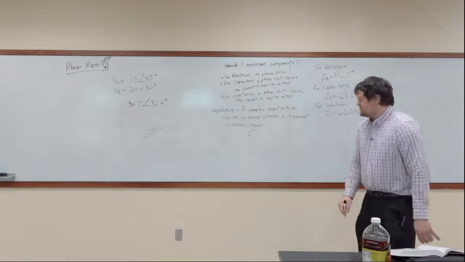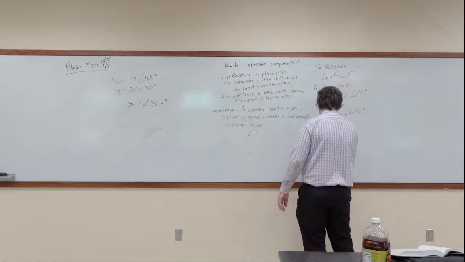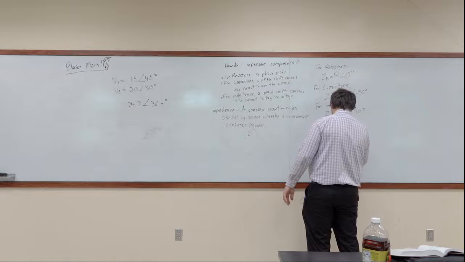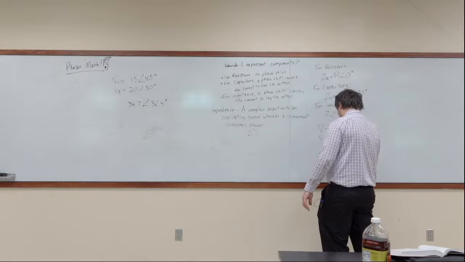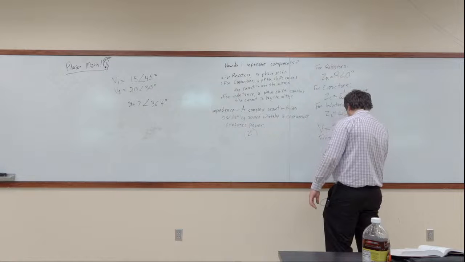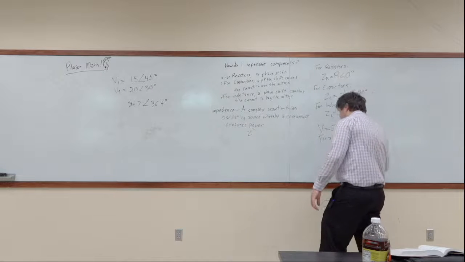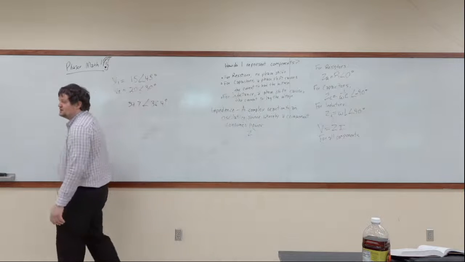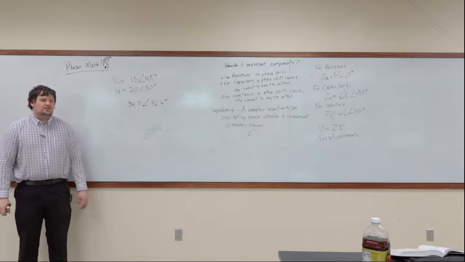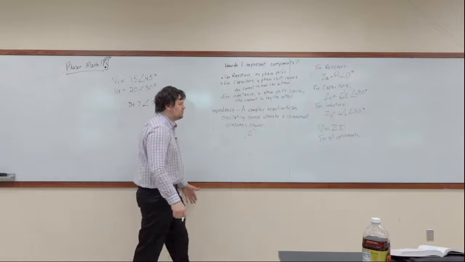And now for each of these components, V is equal to Z times I. Only in oscillating sinusoid circuits can you represent all three of them in a similar format.